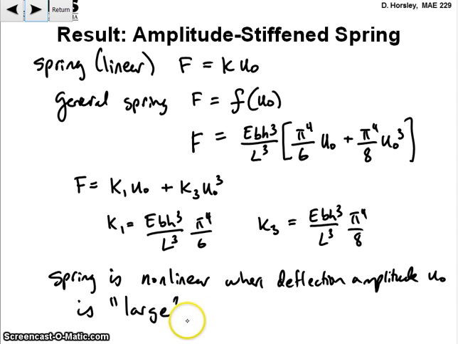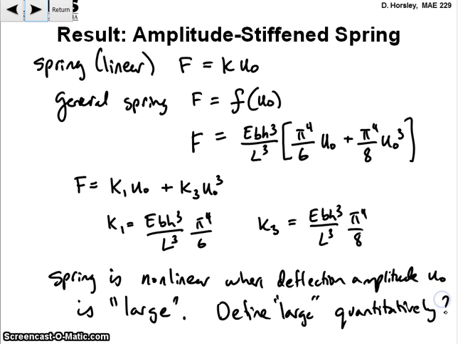Can we define large quantitatively? How do we determine what is large amplitude? One thing that we could do is write the effective spring constant here.